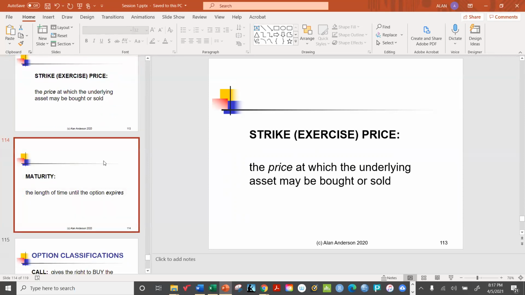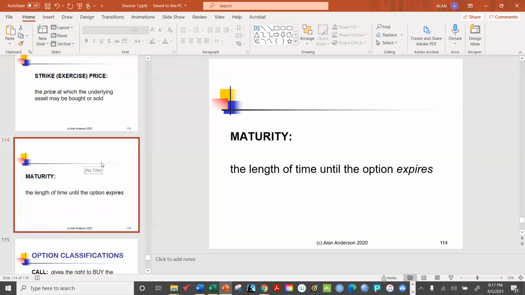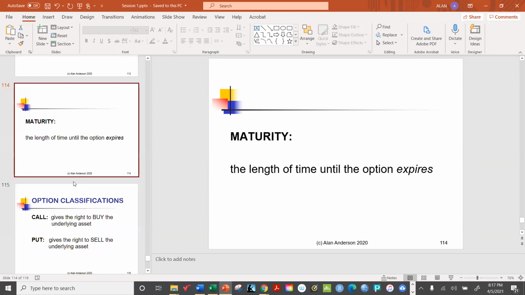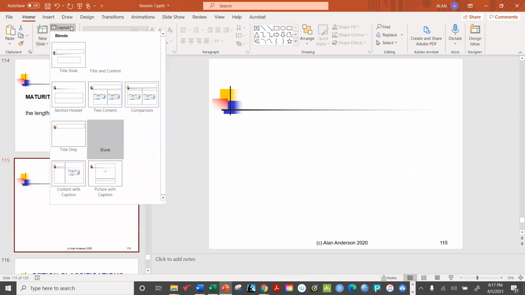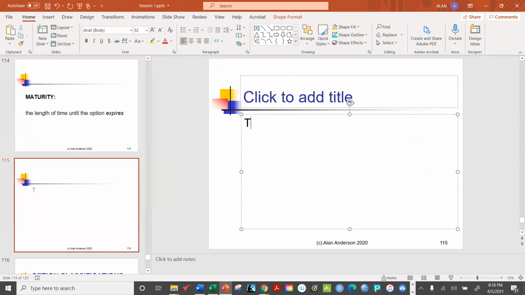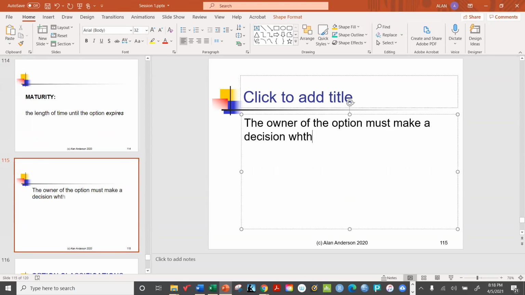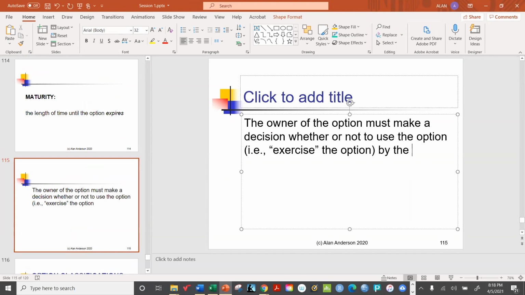Now, there's also associated with each option what we call a maturity date. That's the last day on which the option trades. The owner of the option must make a decision whether or not to use the option, i.e. exercise it, by the time of the maturity date.